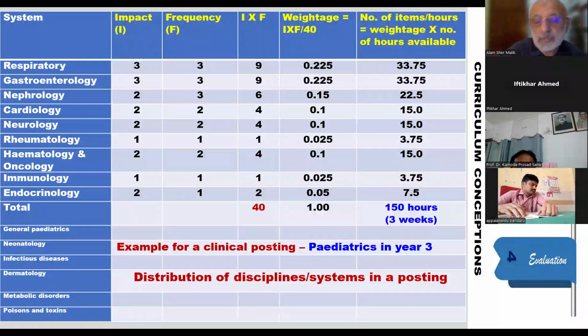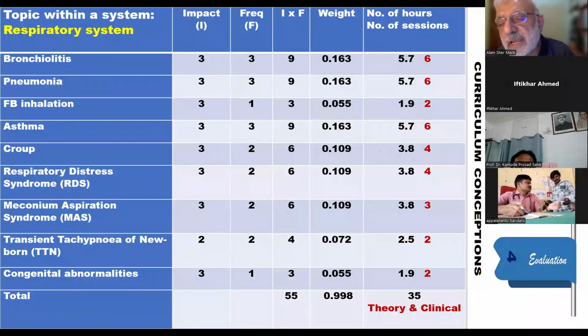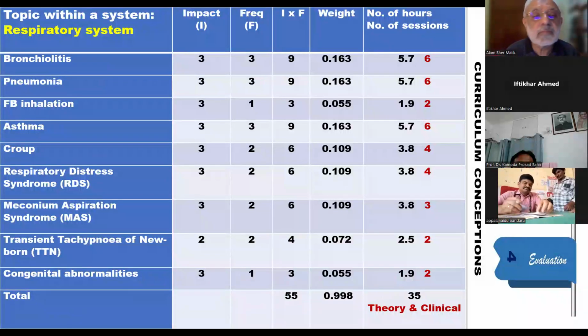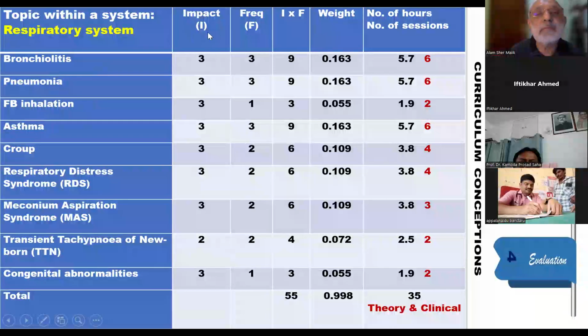I'll go more into the content now. We have, let's say, identified the time which we need to give to the respiratory system. Now we go into the details of the respiratory system. Here are the conditions which we see under the respiratory system. And then for each condition, we have the impact, we have the frequency, and then we calculate the weightage. And based on the weightage, we can calculate the number of sessions or number of hours.